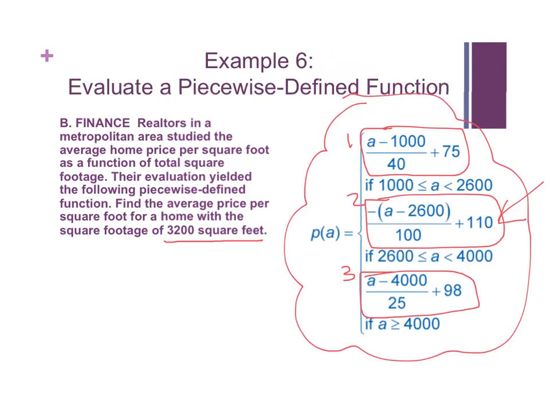So I'm going to go ahead and figure out what P of 3,200 is, because 3,200 square feet is the area of this home. And since 3,200 fits into the domain for equation 2, I'm going to go ahead and plug in 3,200 for A.